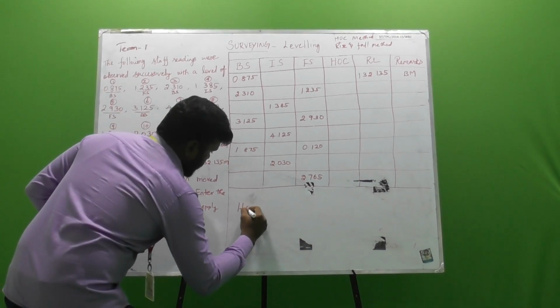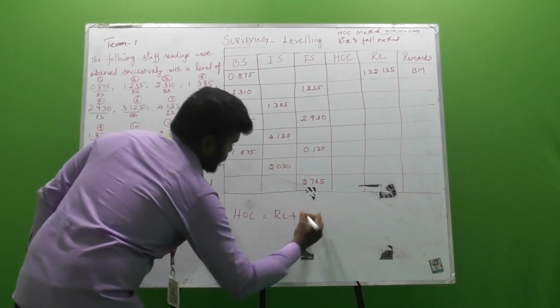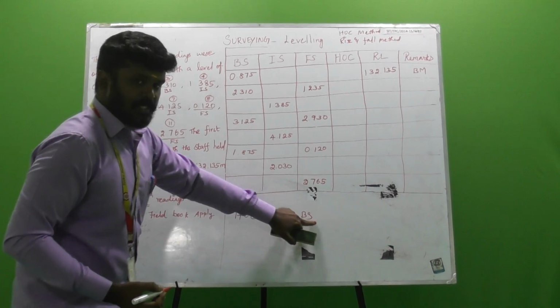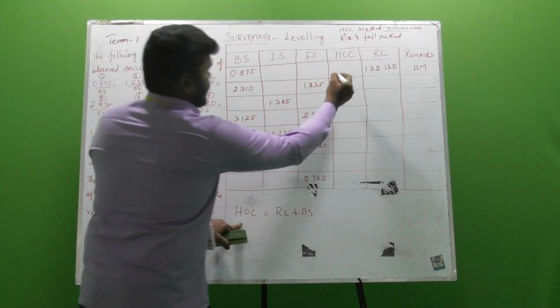So HOC is equal to RL plus BS. The RL value plus the backsight value gives us the HOC, so we need HOC.